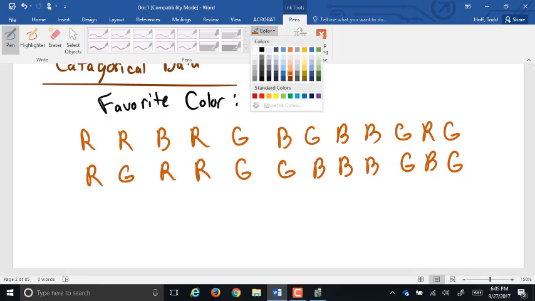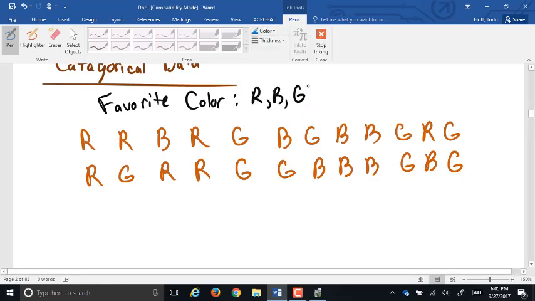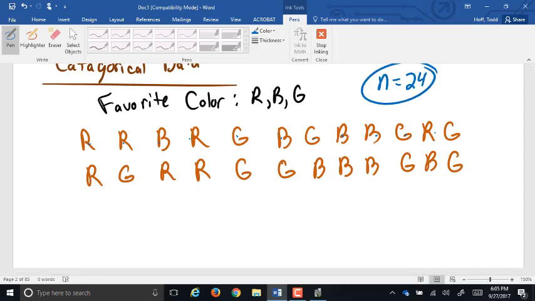That was an enthralling portion of the lecture. So we have 24 responses there. N equals 24. That's the size of our sample here.